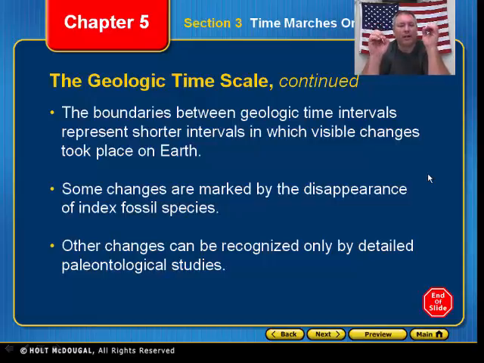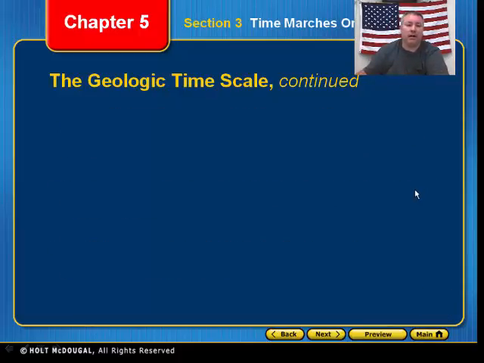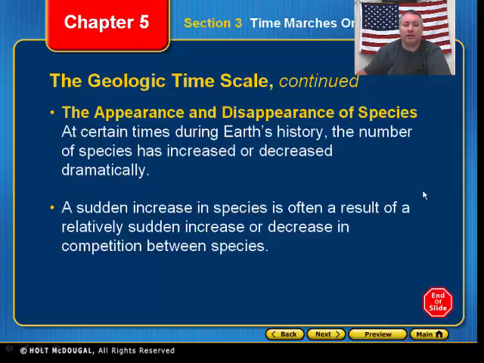Others, you have to really study paleontologically that time period to find out when it ended. So some of them are not very easily discernible just by looking at the index fossils being gone.